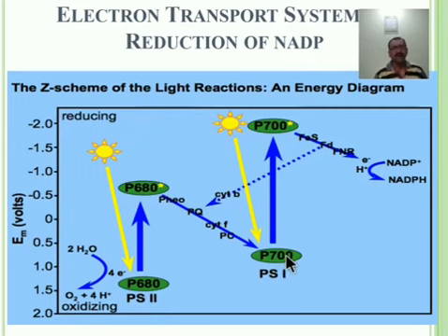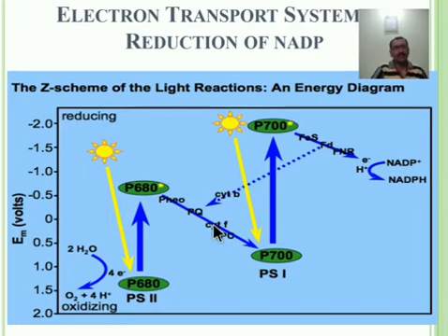Both photosystems in the presence of light produce energy in different forms. Here the energy is produced in the form of NADPH plus, and also in the form of ATP.